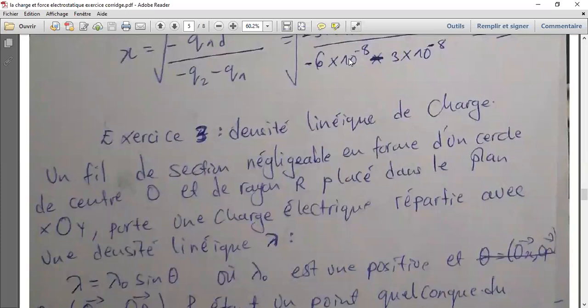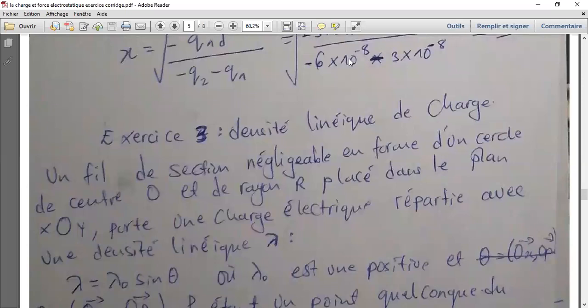So basically, when you see density linear, you should know that they're just talking about the distribution of charges, a cloud of charges, where you can find them almost everywhere. And in this case, we use the same formula for force, but where there's Q, the charge Q, you replace it by dq, differentiation of Q, which means the charge is always in a changing state.